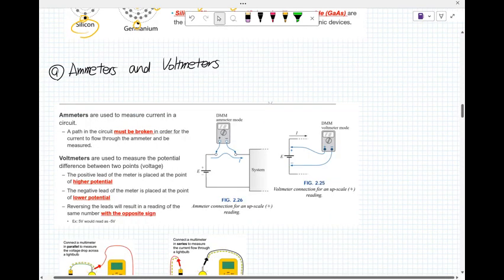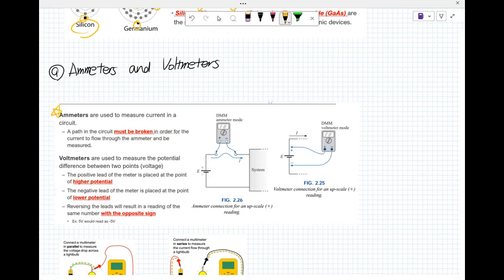When you measure current or voltage, you need to follow the proper connection approach. The ammeter is used to measure the current in the circuit. In this case, you have to break the circuit, and plus to minus, the current flows through the meter to be measured.